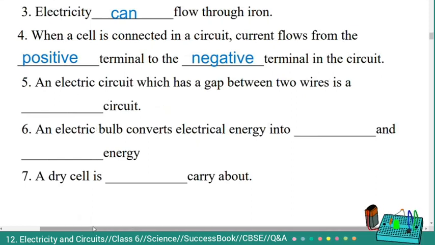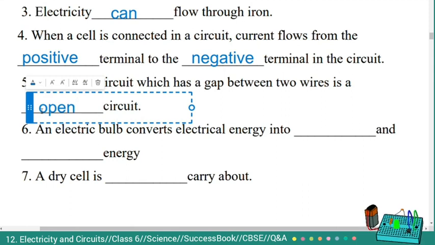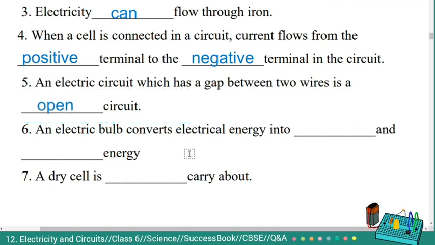Fifth, an electric circuit which has a gap between two wires is a dash circuit. An electric circuit which has a gap between two wires is an open circuit.